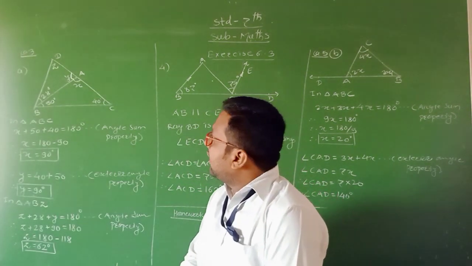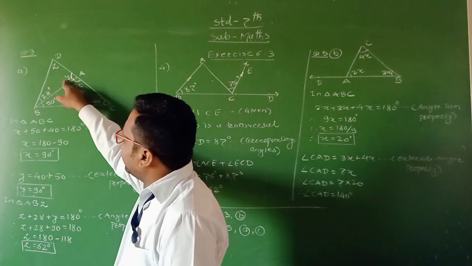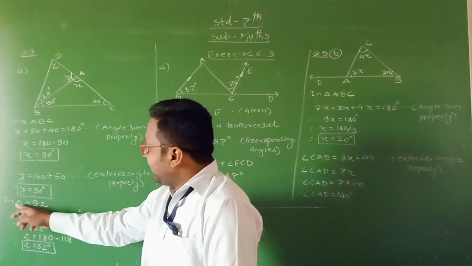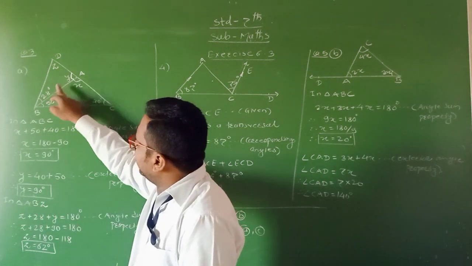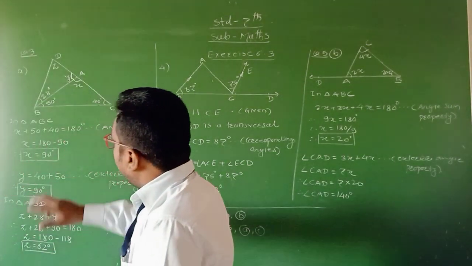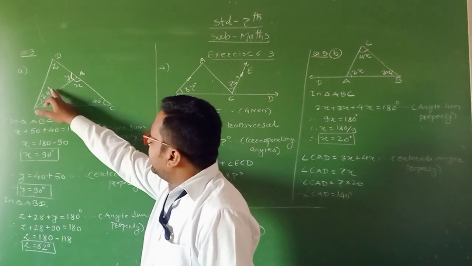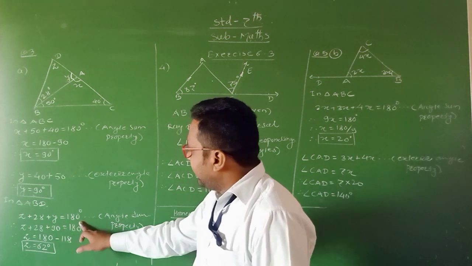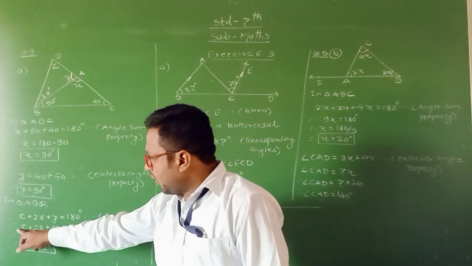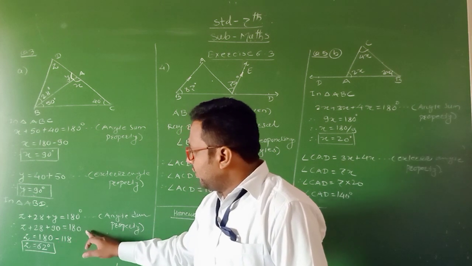We get the value of y is 90. Now, to find the value of z, we can use the angle sum property in this triangle, because we already found y, that is 90 degree. Now in this triangle A, B and D, sum of these three angles, that is z plus 28 plus y, is equal to 180 degree, by the angle sum property of the triangle. z as it is, which we have to find, plus 28 plus 90 is equal to 180.